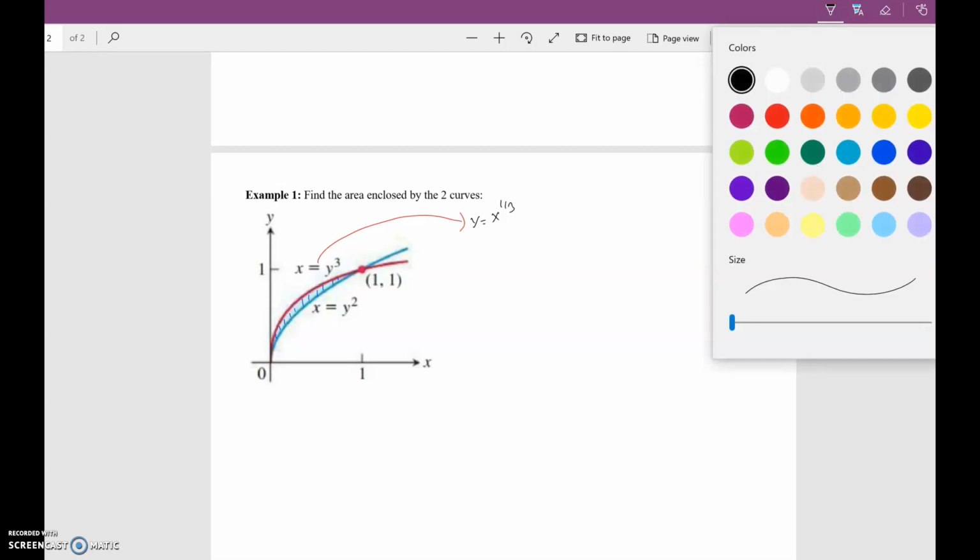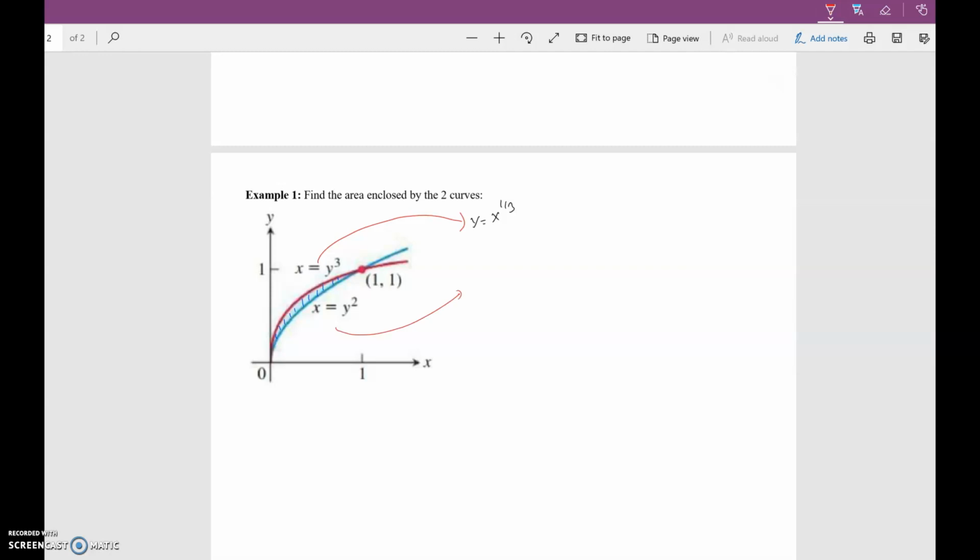And then the second function, technically you're looking at y equals plus or minus the square root of x. But since you're just looking at the upper portion of the parabola, this is y equals the square root of x. So these are our resulting functions.